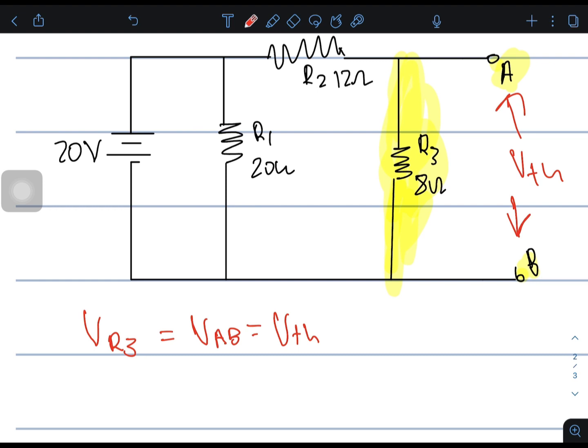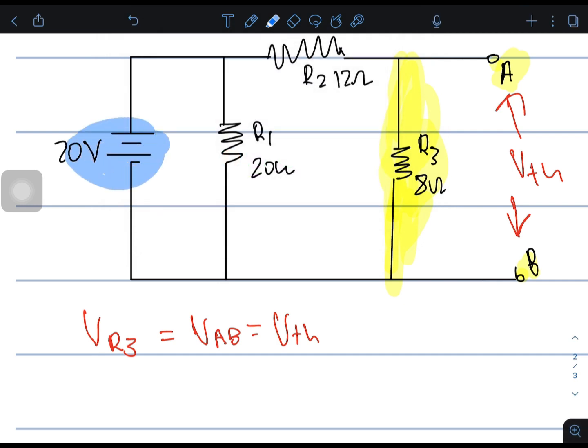How do we find the voltage between terminal A and B? Let us first look at the voltage source here as our reference.